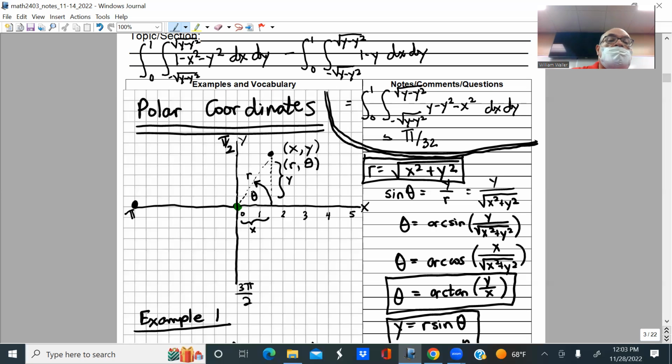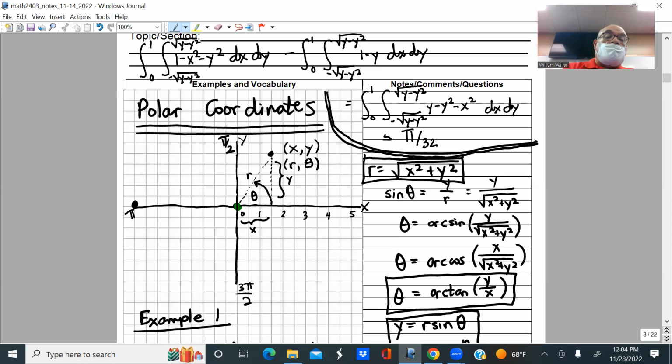And that second coordinate is going to be the angle formed between the point and the x-axis. Actually, it's the angle formed between the x-axis and the line that connects the point back to the origin. If you can compute that angle, it will completely locate where your point is on your 2-dimensional surface.